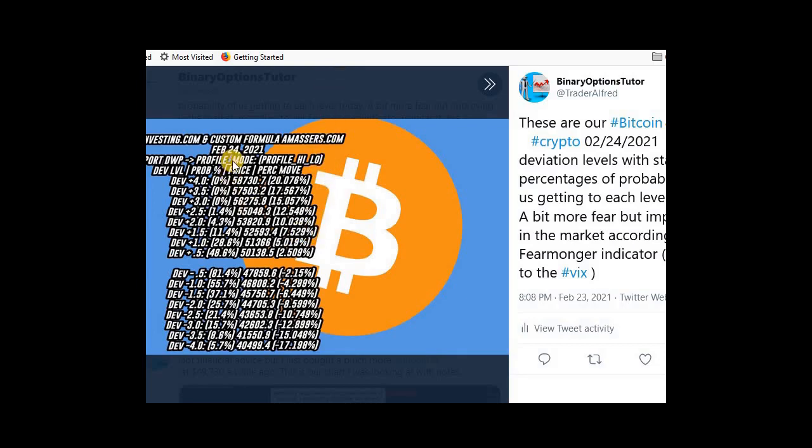I'm looking at the probabilities also, because if I'm selling, I want to be selling somewhere that is not very probable, according to statistics, for us to go higher than on that day. And again, these numbers are calculated every day, so after the day, I need a new set of numbers.